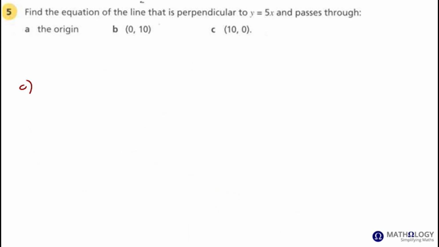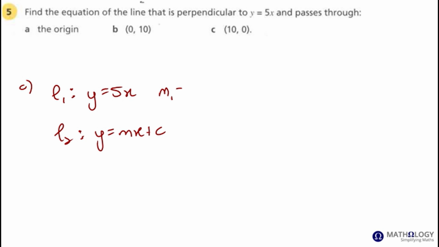And C, line 1 is the line y equals 5x. Line 2 is the line y equals mx plus c. Line 1 has got a gradient of 5. Line 2 has got a gradient that is the negative reciprocal of 5 because line 1 and line 2 are perpendicular to each other. So the second gradient is minus a fifth.